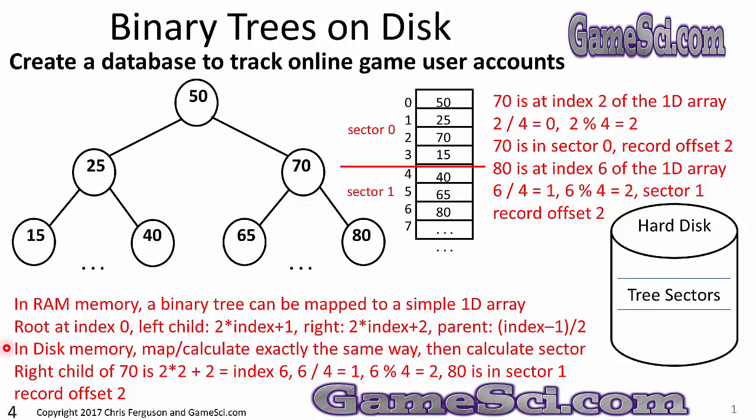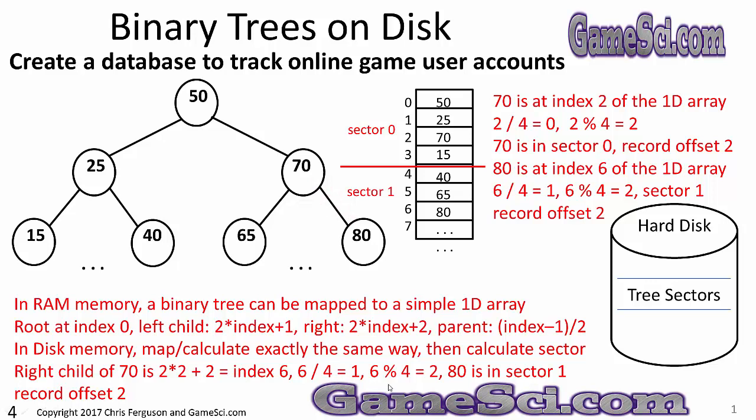In disk memory, map and calculate exactly the same way, then calculate the sector. The right child of 70, here's 70 at record 2 of our array, is at 2 times slot 2 plus 2, or index 6. The right child of 70 should be at index 6. And there you see, the right child of 70, 80, is at index 6.